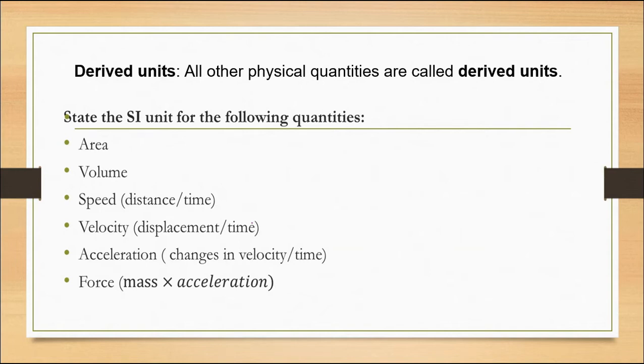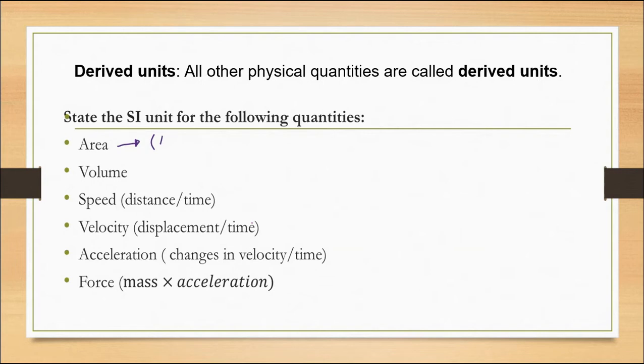So, derived units. We had 7 fundamental SI units. All other units in physics are called derived units. And we can find them by knowing those 7 fundamental units. We can find the unit of any other quantity. For example, here I want to find the SI unit of area. You can think of a rectangle or a square.